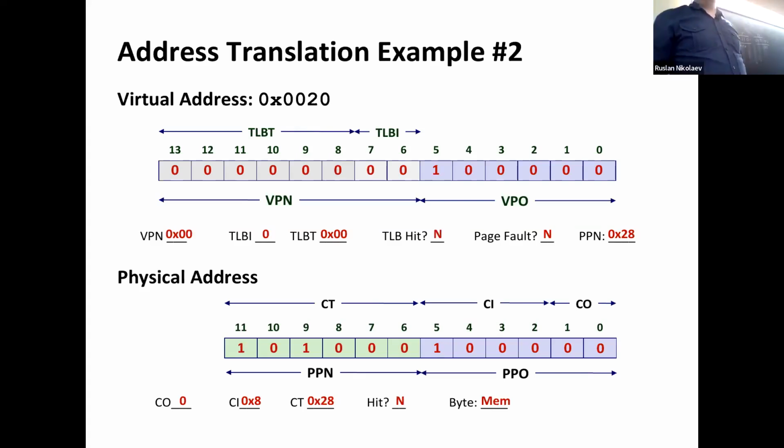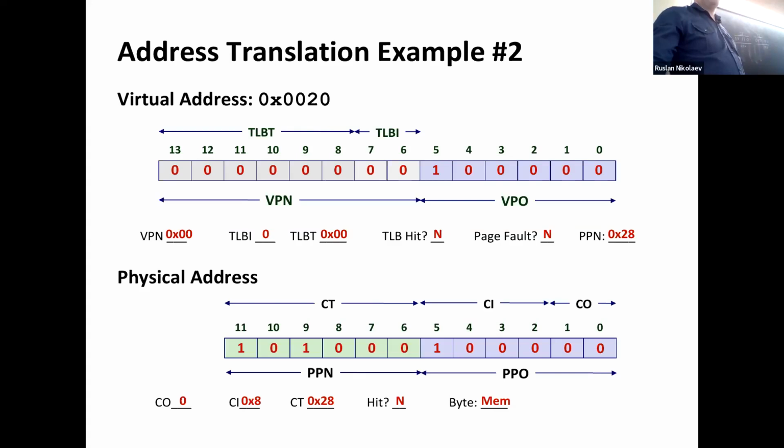So another example: you have a TLB miss. I'm not going to go through this example again. That's just the TLB miss. That means we will not have a page fault yet, because we have a page table entry, but we just need to bring it from memory, and then eventually we will retrieve the corresponding physical page number.